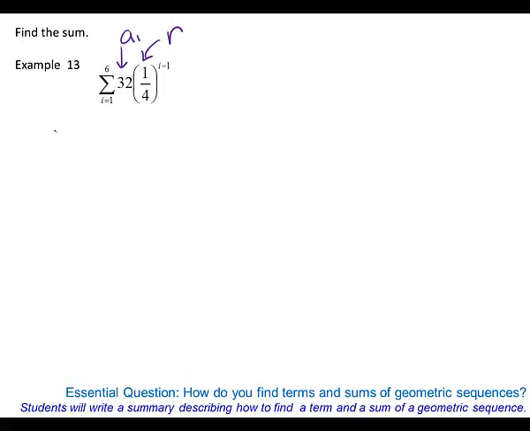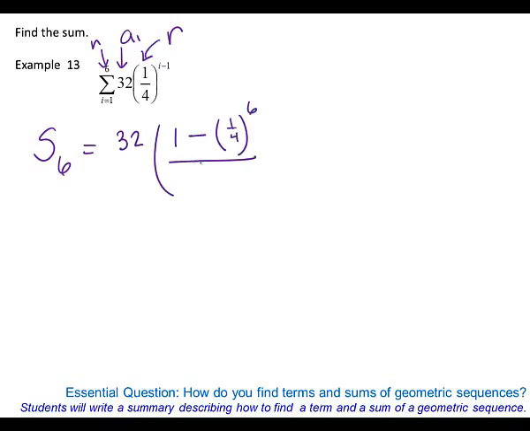What are we finding the sum for this time? How many terms? 6. It's coming from the top there, the n. So 6 equals, what's your first term? 32. This one's going to be harder to get in the calculator. 1 minus, what's my ratio? 1/4 to the what power? 6, over 1 minus 1/4.